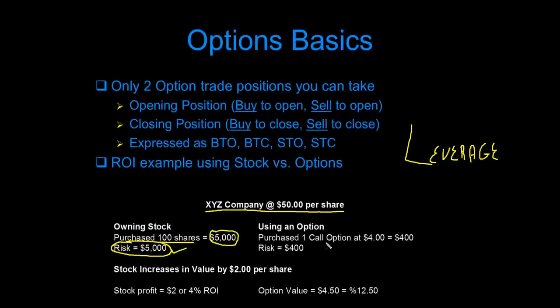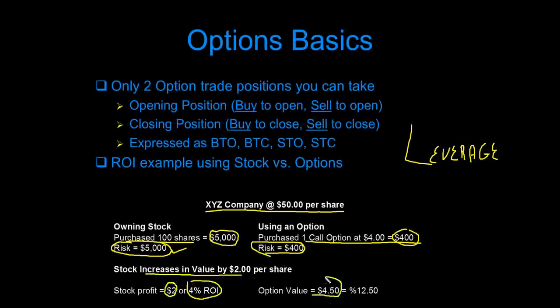If you use an option, and let's say you buy one call option at $4, that equates to $400. So your risk is only $400 because you are long that contract. That's the most you can risk. If the stock increases in value by $2, you make a $2 profit in your stock, a 4% ROI. So you've tied up $5,000 and make a 4% ROI. Not going into details, but let's assume it goes up by $2.